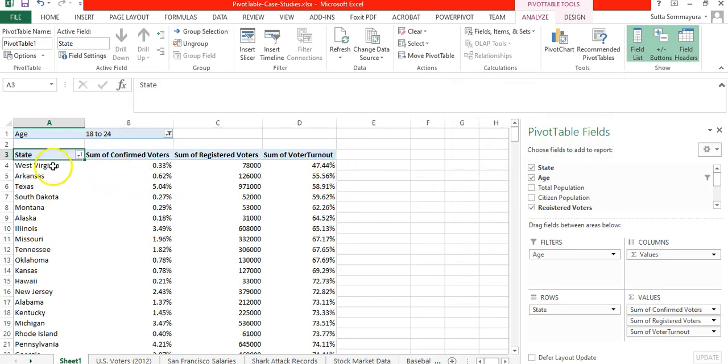You can see West Virginia, Arkansas, Texas, and the lowest is West Virginia. So your answer is West Virginia. Okay, so that is for the first case. Try to practice and hope you understand more about pivot tables.